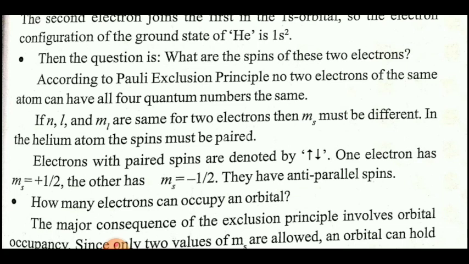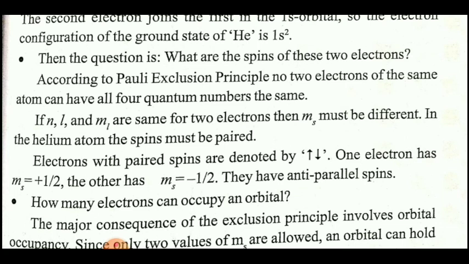For the two electrons in helium, n, L, ML are the same. Only MS is different. For the first electron, it may be plus half, and for the second one, it may be minus half. The spins can be denoted with an up arrow and a down arrow.